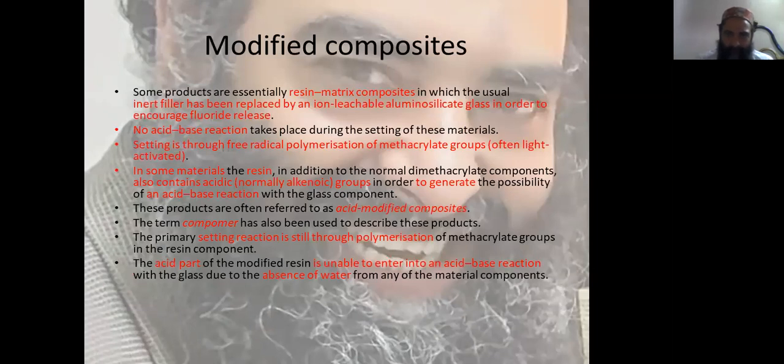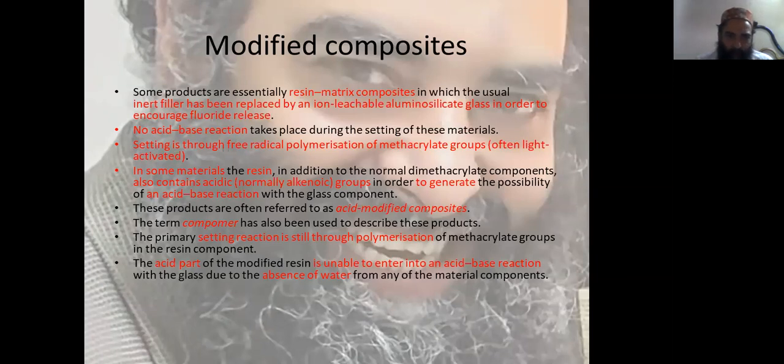Now, modified composites are resin matrix composites in which the usual inert fillers have been replaced by an ion-leachable aluminosilicate glass, as present in glass ionomer, in order to encourage fluoride release.